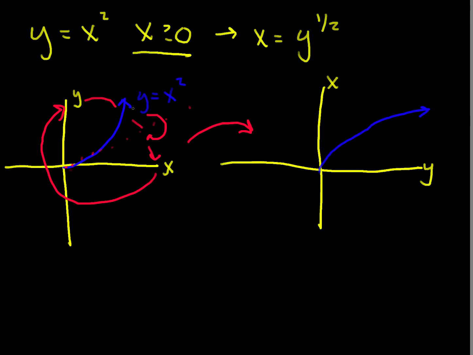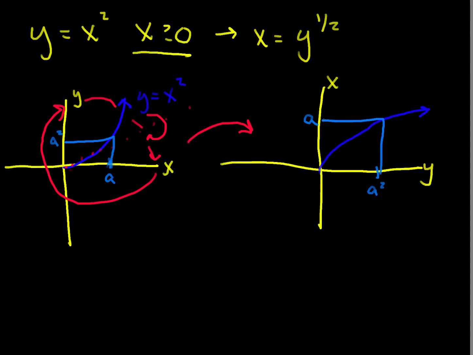Well, thinking about how functions work, if I start at some value a, I go up here and end up at the value a squared. Well, the inverse says, start at a squared and go into my function, and I come back at the value a.